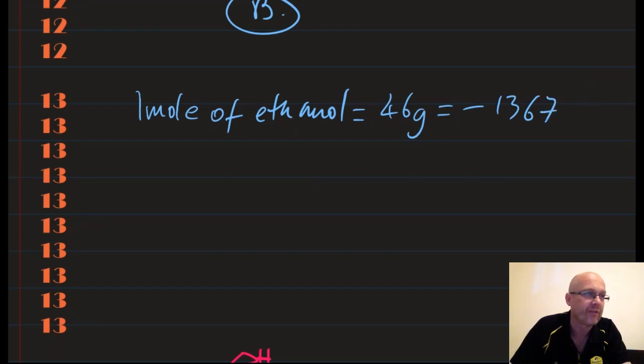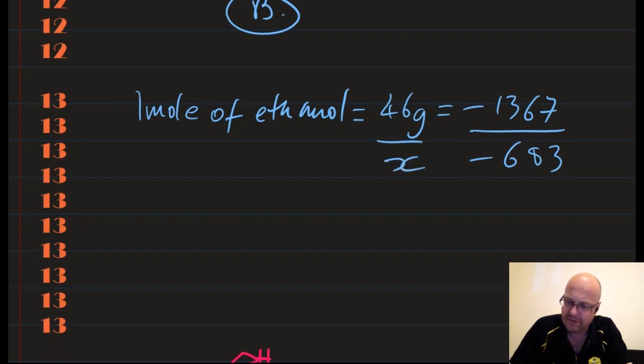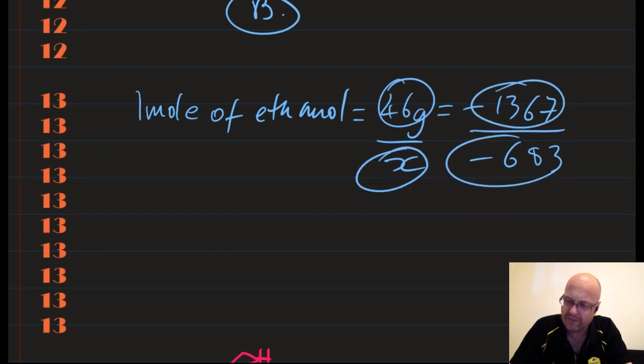All right, that's data from the question. If I want 683, then what's the question? How much mass do I need? Oh, so this is the unknown here. 46 grams gives this much, so I don't know how many grams gives that much.